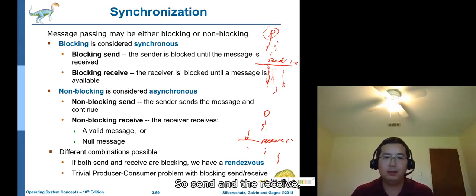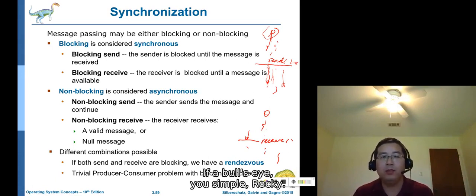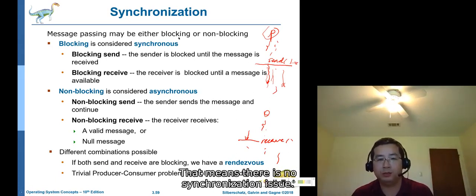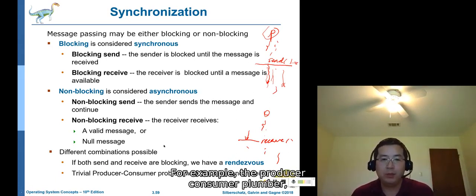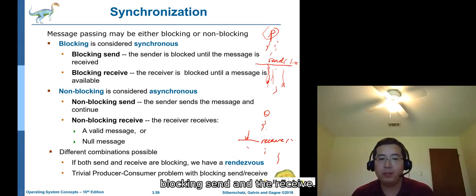If both are using blocking, we say this is a synchronous way. That means there's no synchronization issue. For example, the producer-consumer problem becomes trivial if we use blocking send and receive.